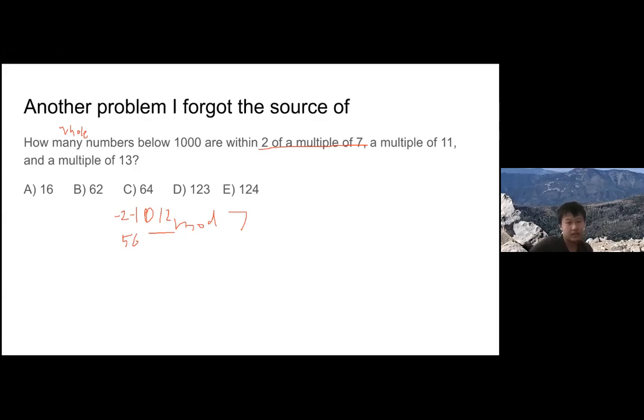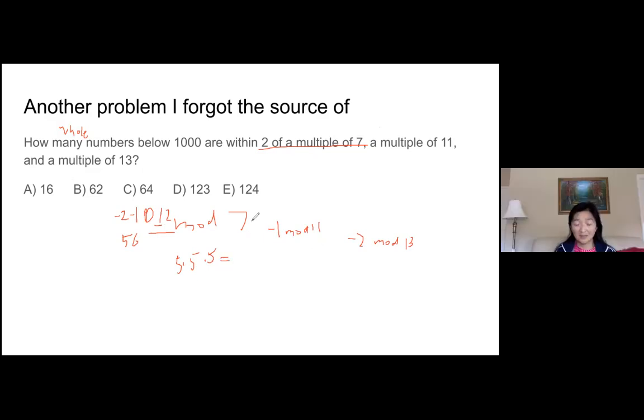Likewise, there are 5 different values mod 11 and 5 different values mod 13 that will work. What this means is that you have 5 choices for each, and what's nice is 7, 11, and 13 are prime, which means whatever choice of residues you pick, for example, you can pick 1 mod 7, -1 mod 11, and -2 mod 13, the Chinese remainder theorem tells us we can always find a number between 1 and 1,001 that satisfies this, and exactly one such number.